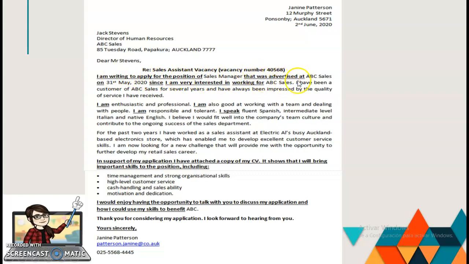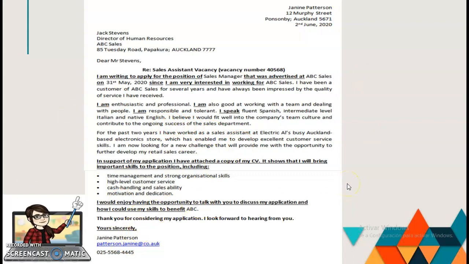These words in bold are predetermined, so words that you shouldn't change. The rest of the letter is what you should change depending on your skills, your qualities, your qualifications, your job experience.